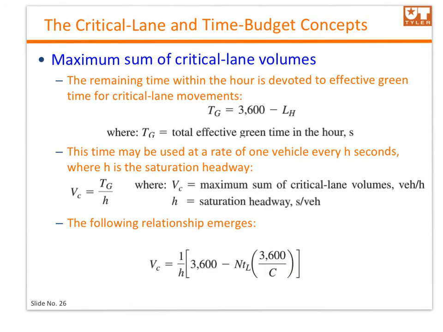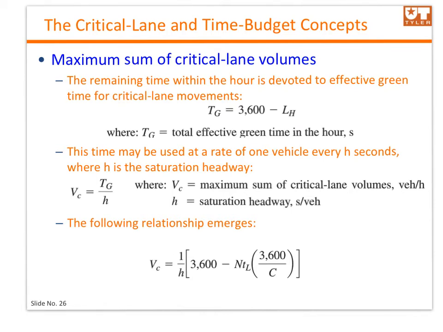Now the remaining time within the hour is devoted to effective green time for critical lane movements. This leads us to this little equation: TG, the total effective green time in 1 hour, is equal to 3600, which is the entire budget of 1 hour, 3600 seconds, minus LH, the total lost time in 1 hour. This gives us the total effective green time in that hour.